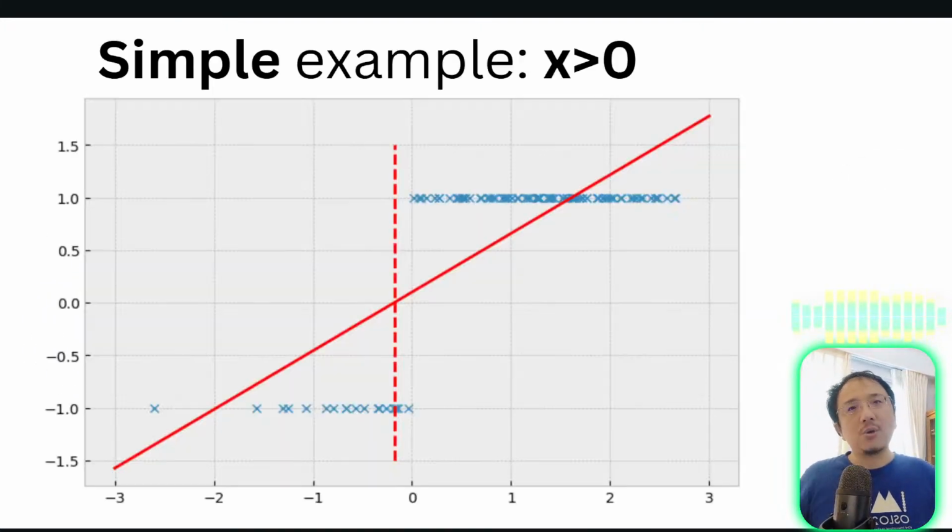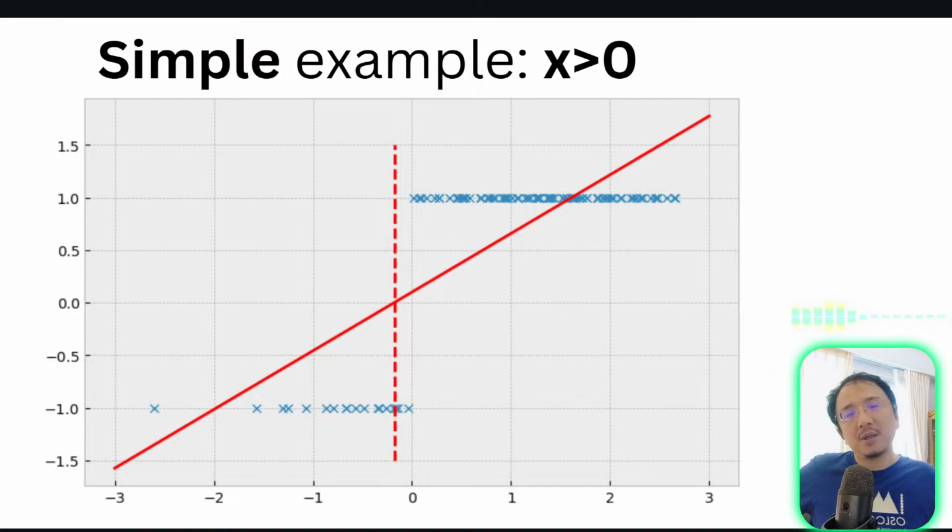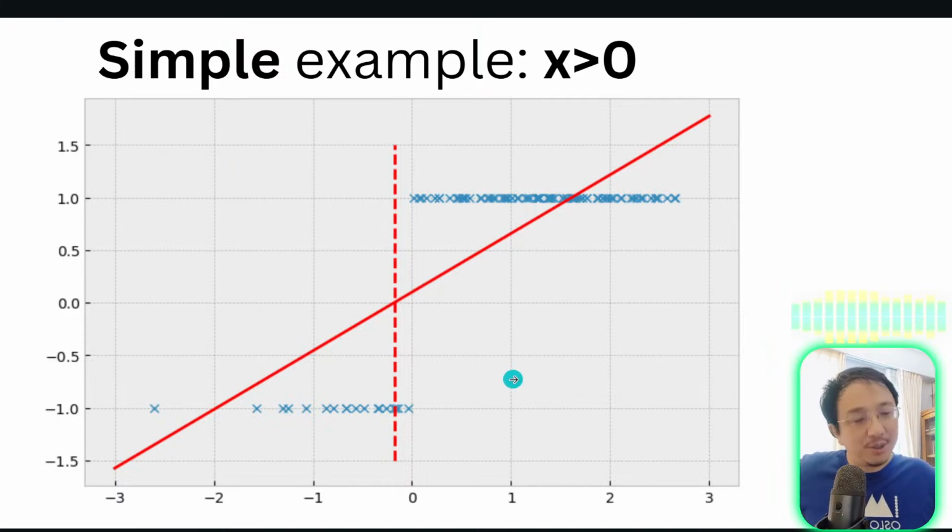Okay, so let me show you the example. First of all, I'm going to show you why linear regression is not suitable, not good for doing classification. Before we can show that it is not good for doing classification, it has to be able to do the classification, at least in some sense.